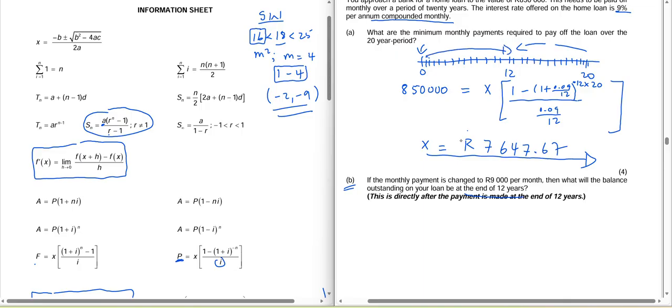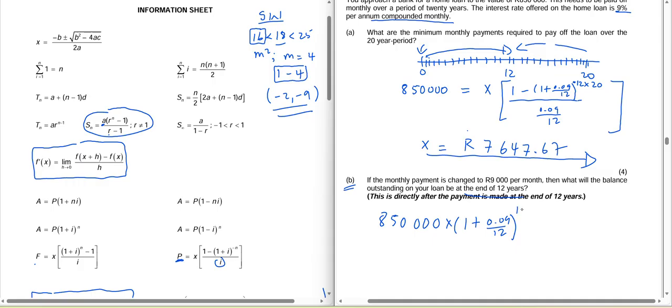So when you are moving forward, you are going to say your 850,000 loan that you are given is going to increase. So we are going to say 1 plus 0.09 divided by 12. After 12 years, the loan would have increased in value over 12 times 12, or 144 months.